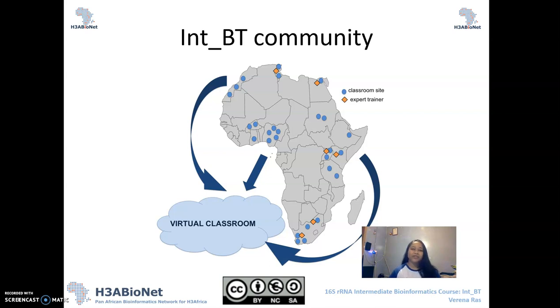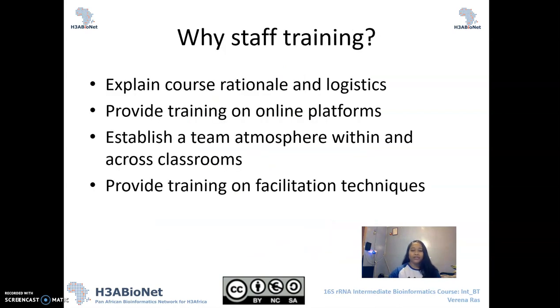But this map is just here to illustrate that we have a wide reach across the African continent, but you all will still be connected virtually. So you'll still get the opportunity to talk to each other. The staff as well as the participants will get the opportunity to talk to each other in real time, but also to interact via our course management platform, Vula, which I will tell you a little bit more about later on today.